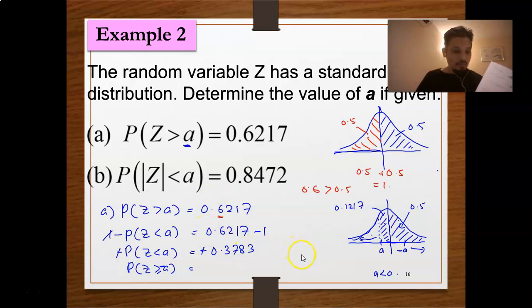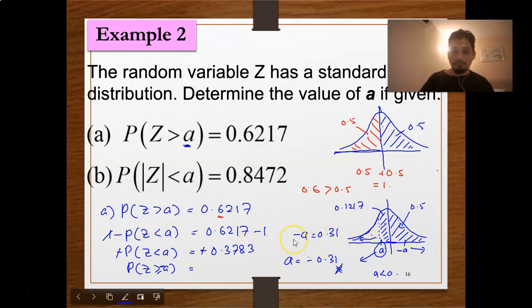The value of negative A is 0.31, so the value of A originally is negative 0.31. That's it. A is negative 0.31.